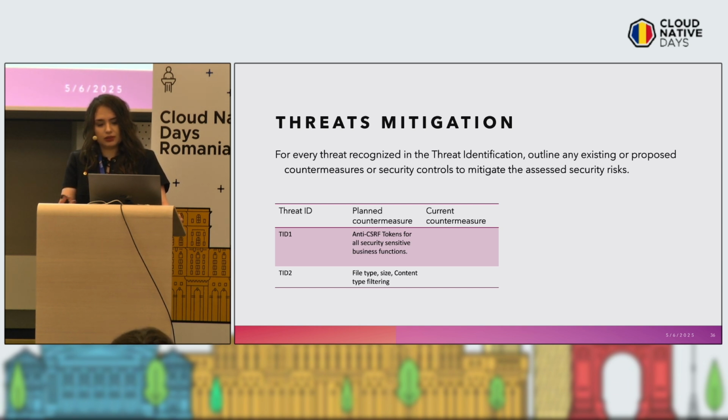So the attacker tricks the user, and one of the mitigations would be setting up an anti-CSRF token. It was also part of a recommendation from the Burp scan.